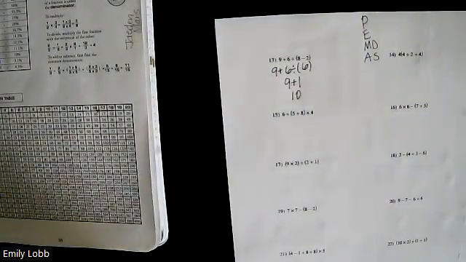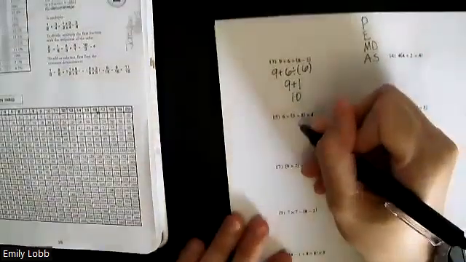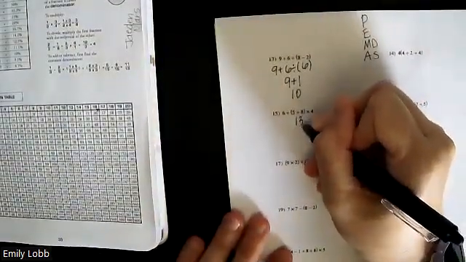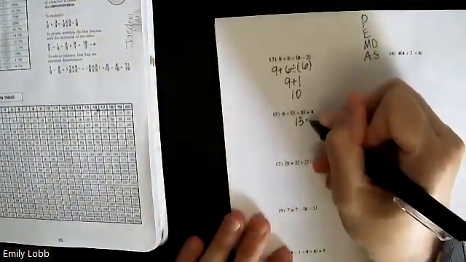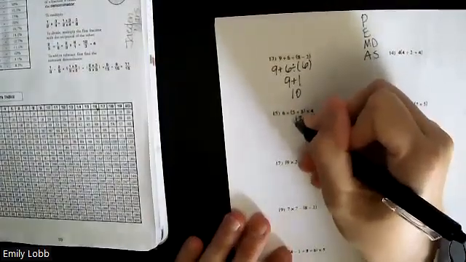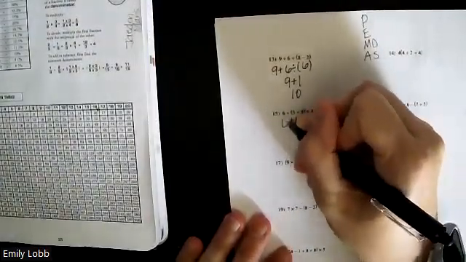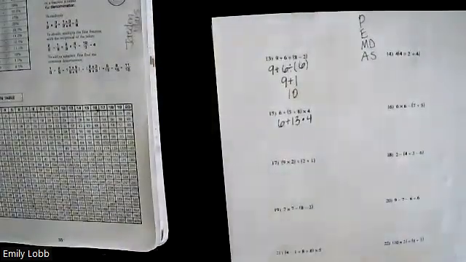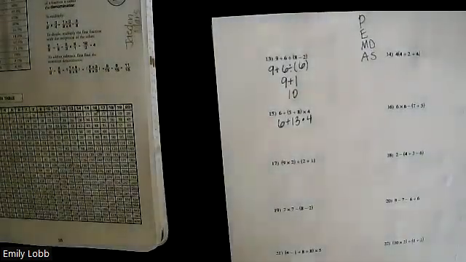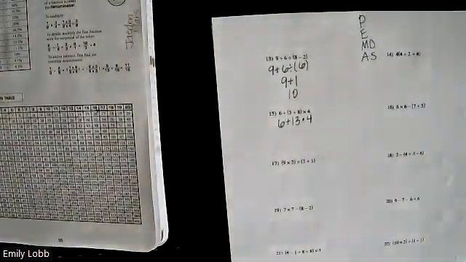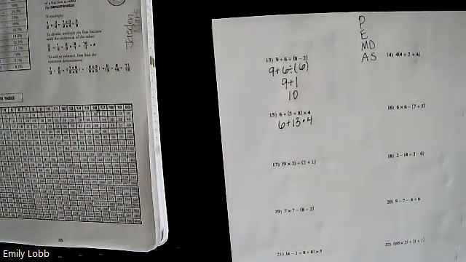What's in parentheses here? Well, what's 5 plus 8? 13. So now I'm bringing down the rest of my problem. Am I adding it to 6 right away? No, I have to multiply first.